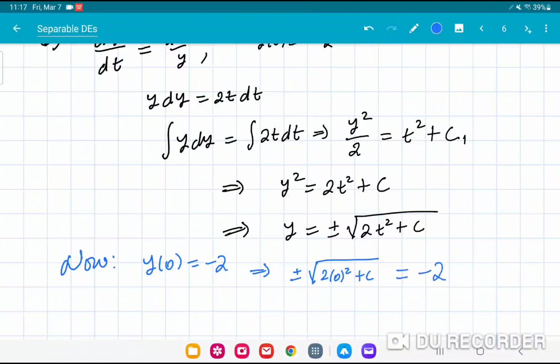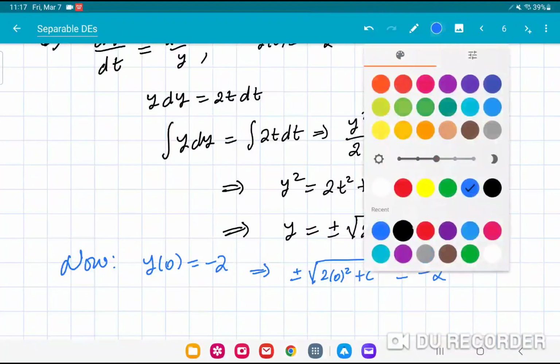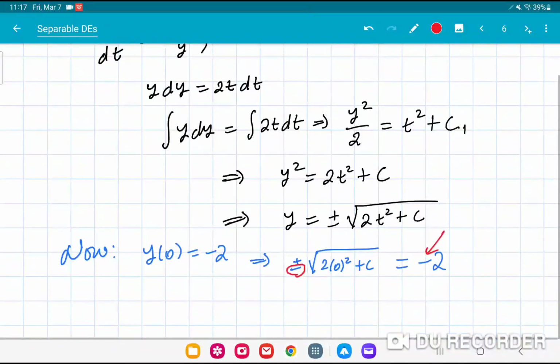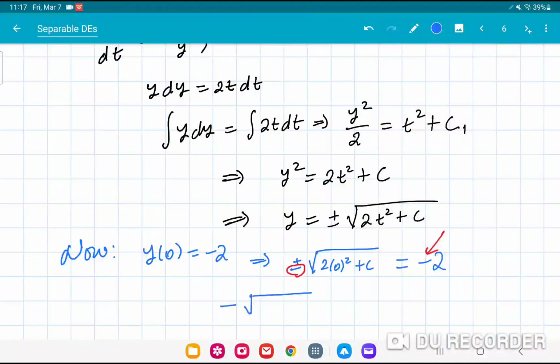Now, the positive square root will never equal negative 2. So we're forced to pick the minus because of that. So minus the square root of, 0 squared is 0, so c equals minus 2. This means that c equals 4.